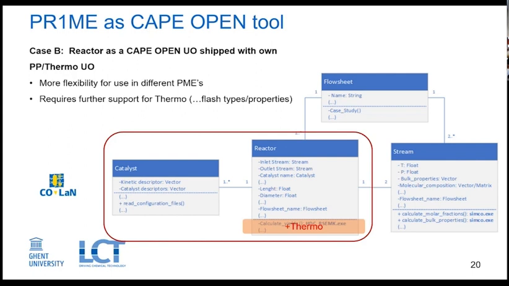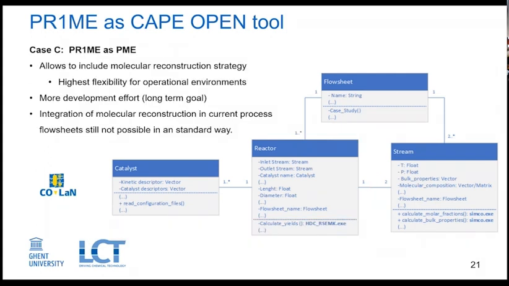Well, that's something that could be included as well. So this method, corresponding to the reactor where thermo is included, will need to be exposed as a thermo property package.